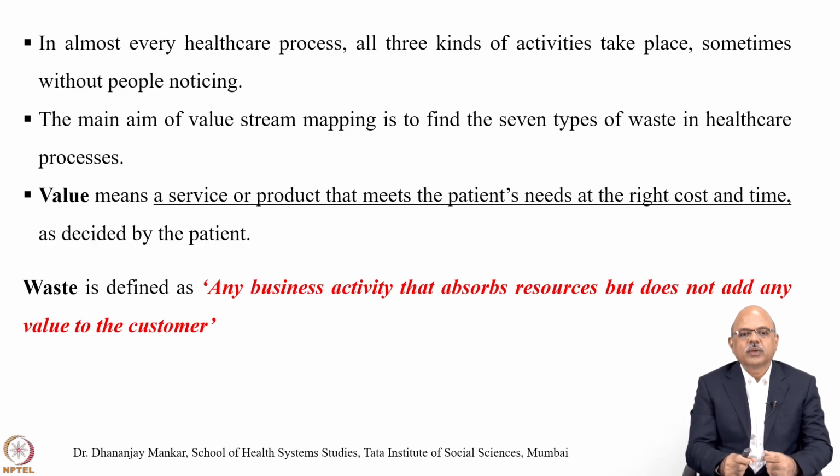Value means a service or product that meets the patient's need at the right cost and time, but it needs to be decided by the patient. So to make the value more meaningful, it is the patient who decides it.